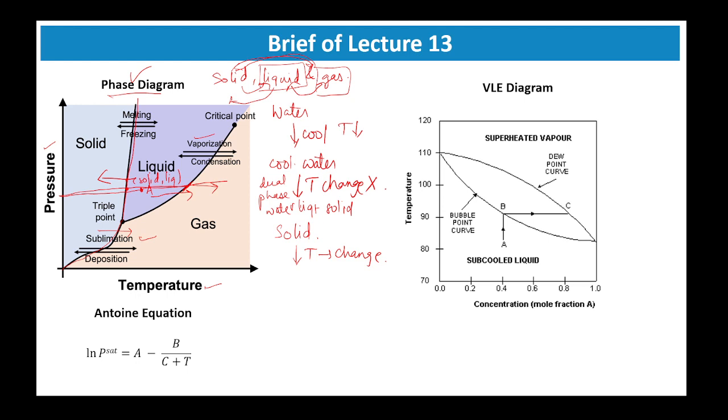All these black lines are nothing but the transition lines. Now, if you see, there is one point where all the lines intersect. What does this intersection mean? Intersection means all the phases exist together.